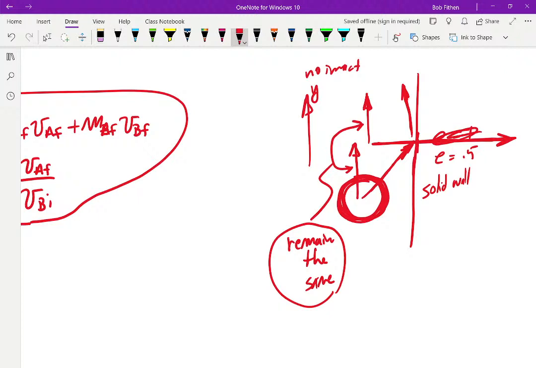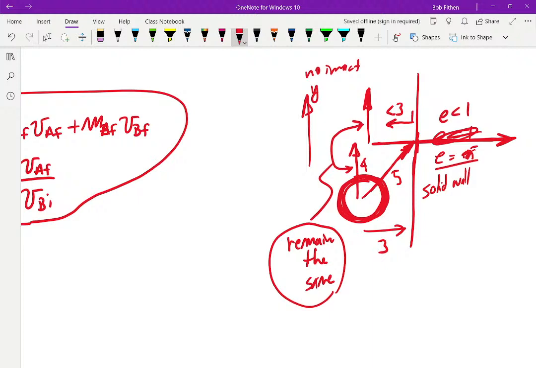Now, if in fact this did occur, you would probably find ever so slight reductions. Say this is 5, and this is 4, and say this is 3. So coming off of the wall, because it has a coefficient of restitution less than 1, say E is less than 1, the velocity of the ball coming off the wall is going to be less than 3.